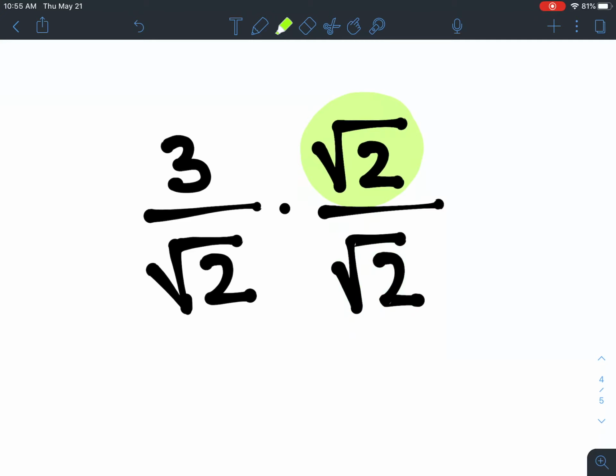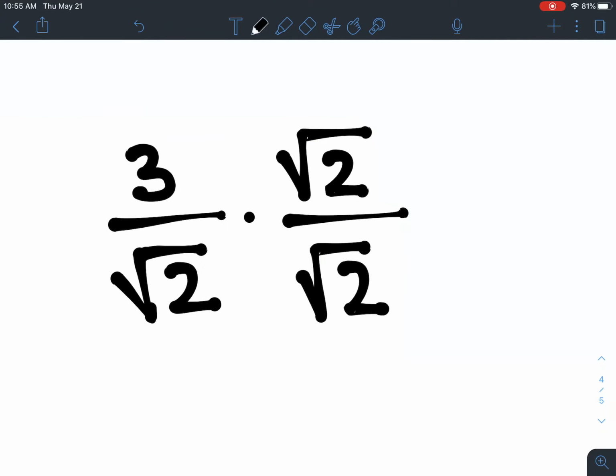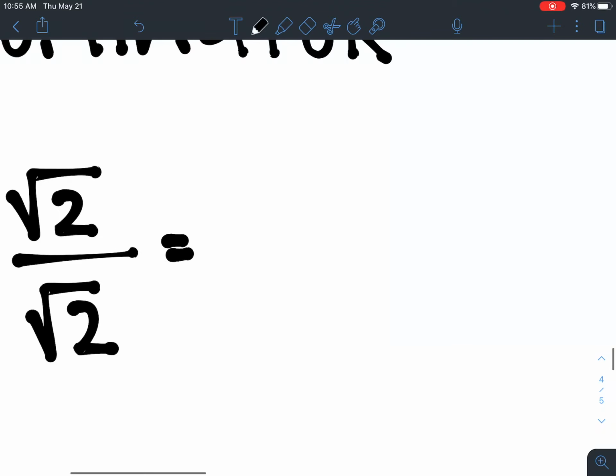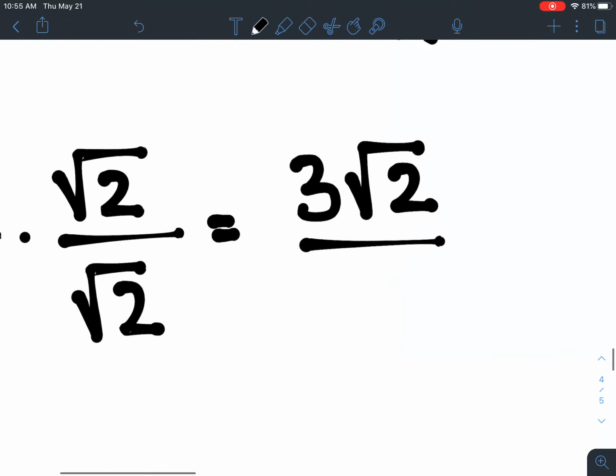So let's remember how we multiply fractions. When we multiply fractions, we multiply straight across. I can't combine the 3 and the square root of 2 because the 2 is underneath the radical. So this would become 3 times the square root of 2. You just stick the 3 right out in front, all over.